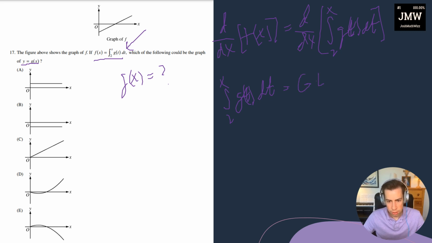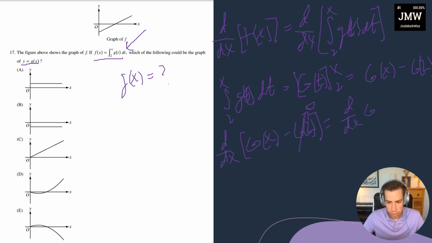evaluated from 2 to x. So whenever we work this out, I get G of x minus G of 2, where G is the antiderivative. Now, when I take the derivative of that, G of 2 is just a constant, so it goes to 0, and the derivative of the antiderivative is the original function.